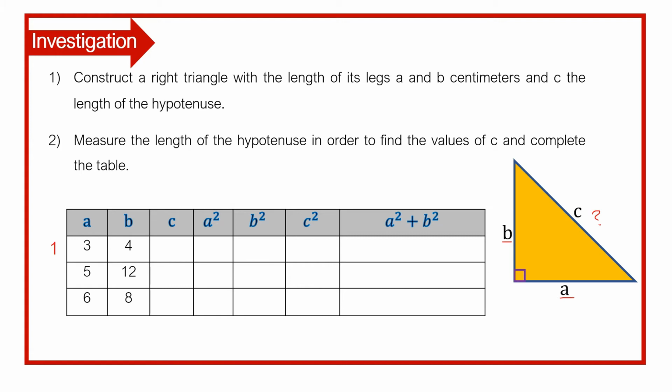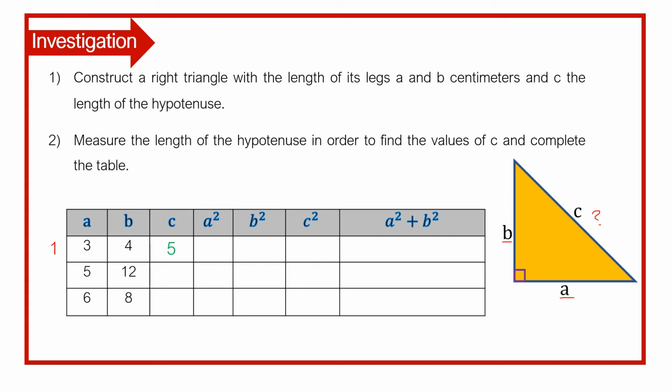Now let's begin with the first right triangle. a is 3 centimeters. b is 4 centimeters. You can pause the video and measure c. If you are accurate, you should be able to get c as 5 centimeters.